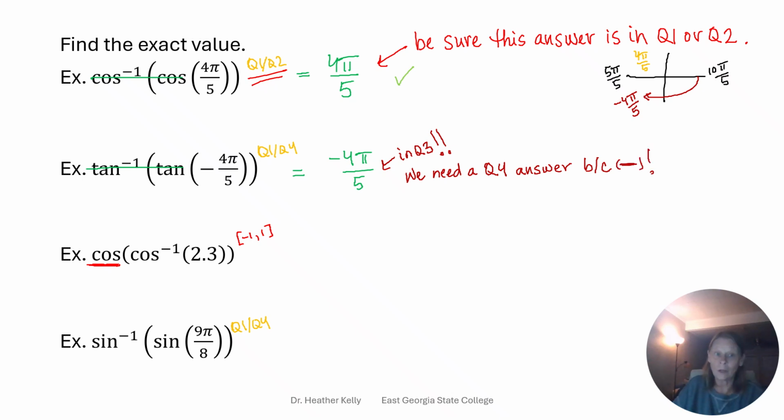And we know we need a quadrant 4 answer because of the negative. Okay, so now we have to lean back on all the things that we learned in chapter 7. We're in quadrant 3. We need to get around so we can get a quadrant 4 answer. So the first thing I'm going to do is go coterminal.